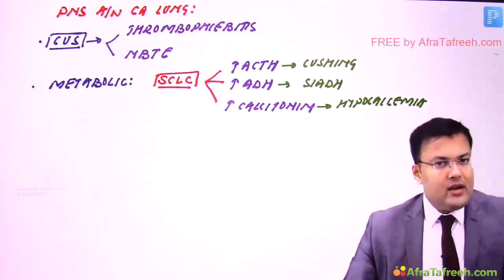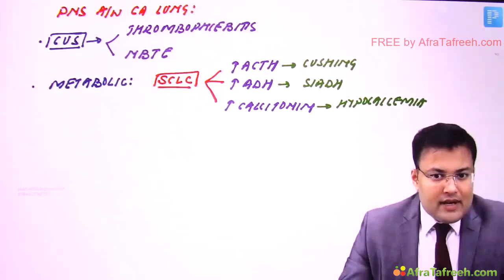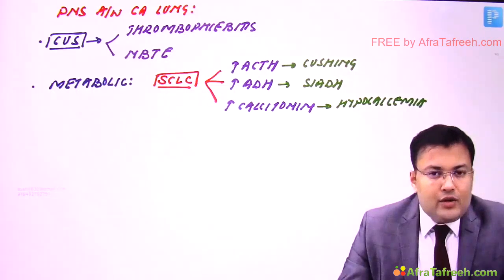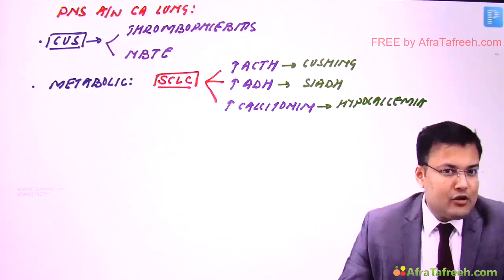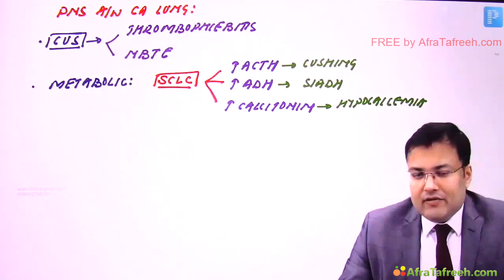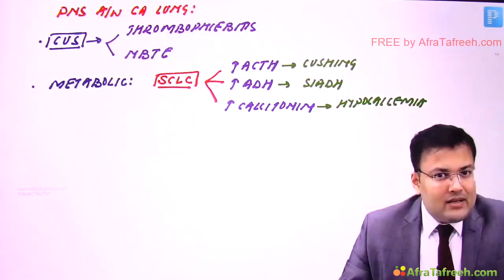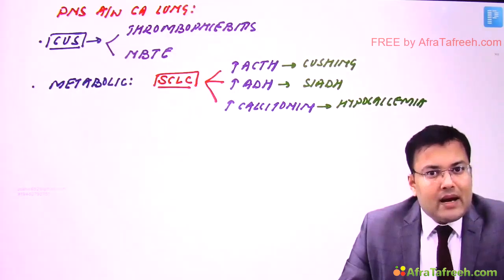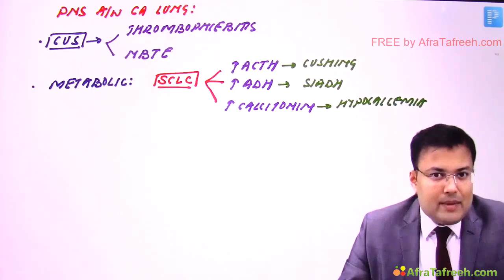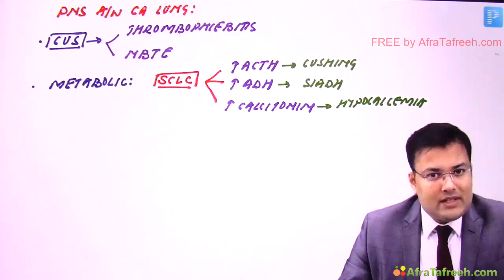Now see, in carcinoma lung you will find hypocalcemia also, and you can find hypercalcemia also. So in which malignancy you will find hypercalcemia? The malignancy which is going to secrete parathyroid hormone related peptide, PTHrP. And what's that malignancy? It is squamous cell carcinoma.